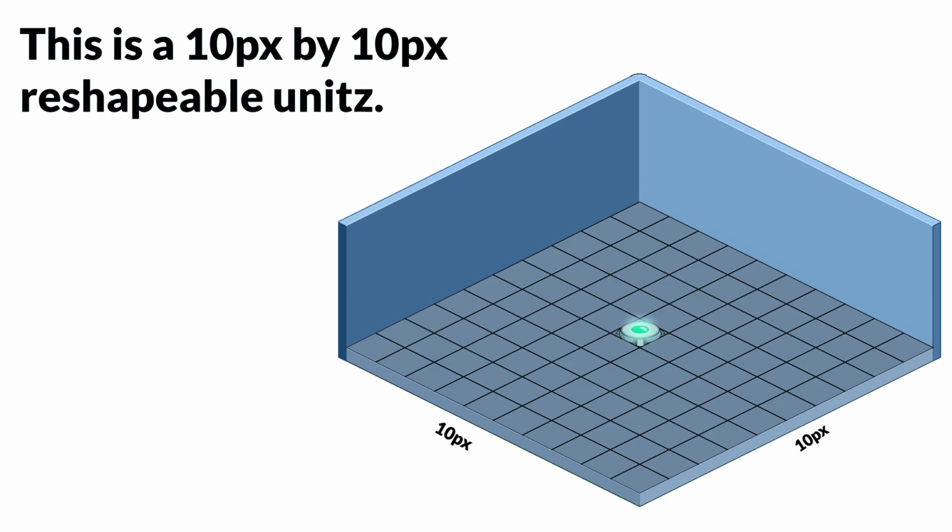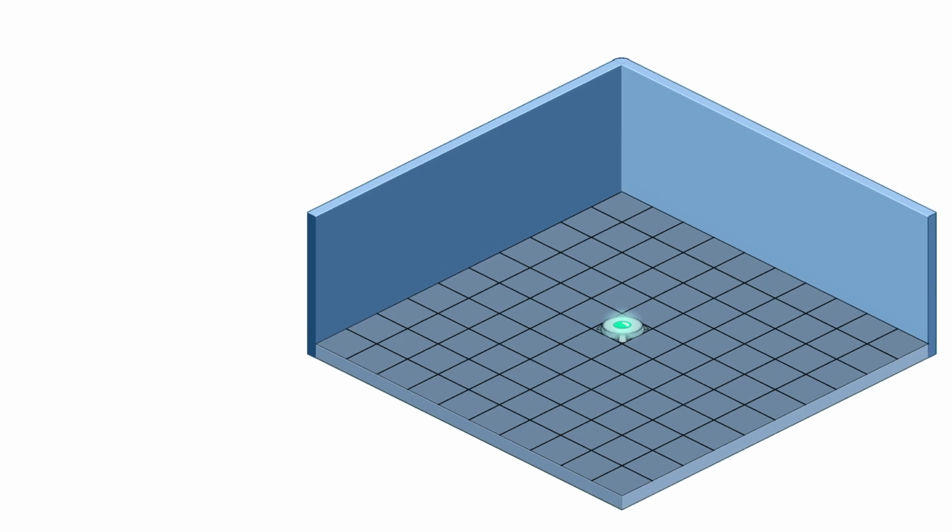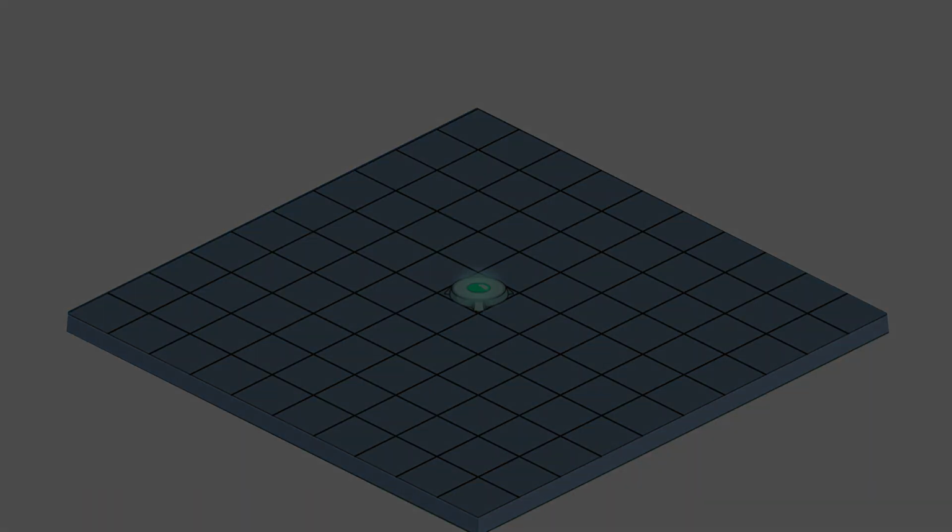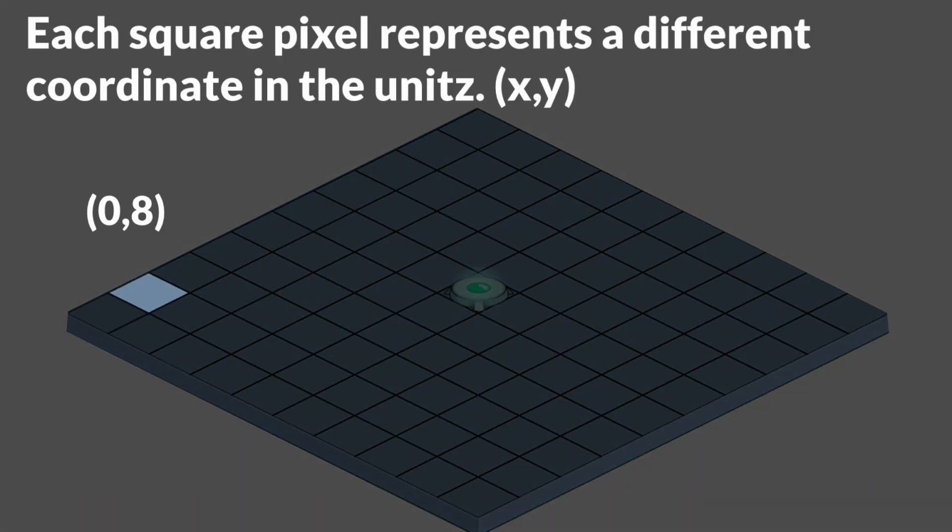This is a 10 pixels by 10 pixels reshapeable unit. Each square pixel represents a different coordinate in the unit.